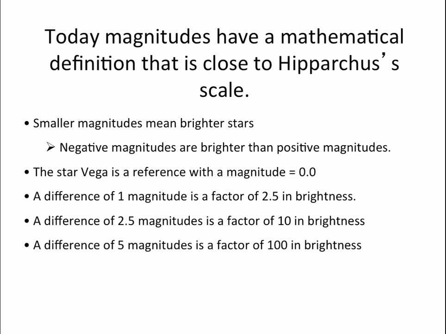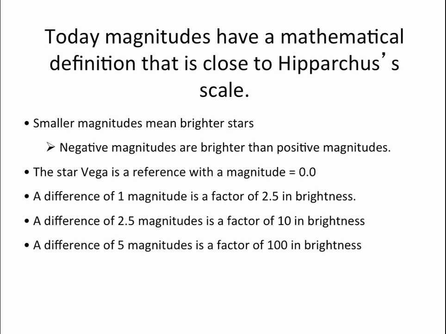We've also decided to use the star Vega, which is visible during the summer sky, as our reference star, and we're going to give it a magnitude of 0. And in order to make things work out like Hipparchus' scale, so that the brighter stars tended to be around a magnitude of 1 and the faintest stars were around a magnitude of 6, we set it up so that a difference of 1 magnitude is a factor of 2.5 in brightness.